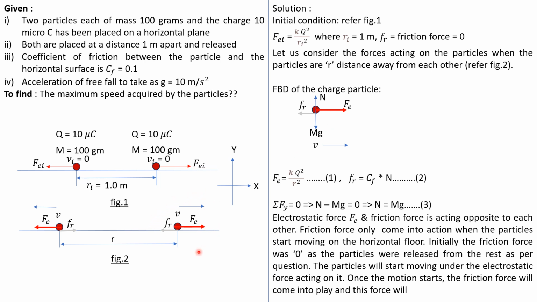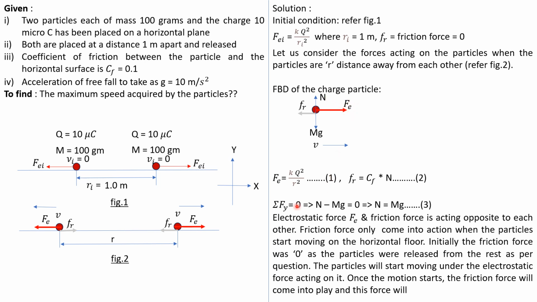So if we make the free body diagram of this particle, which forces are acting on it? You can see electrostatic force in this direction, friction force in this direction, gravitational pull on this particle, and the ground reaction force N on it.